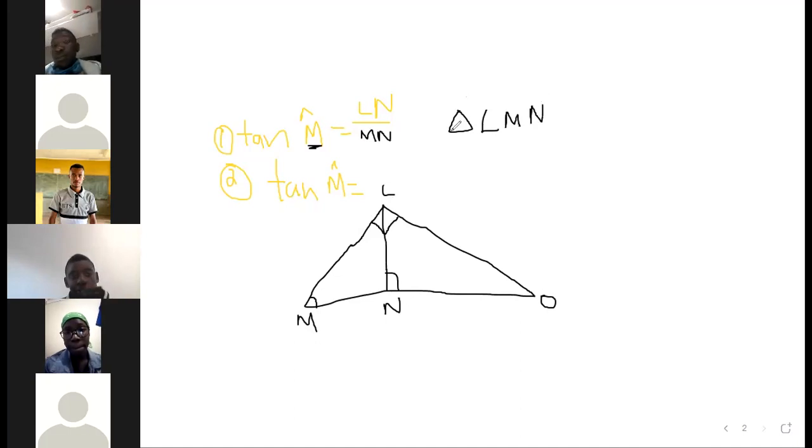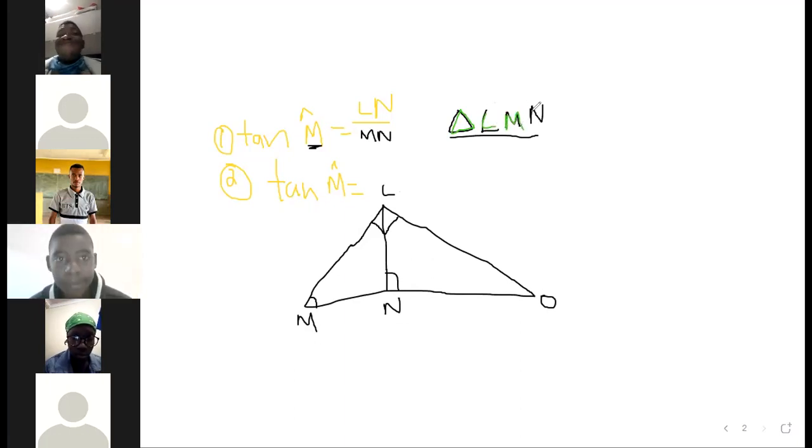Can we all see triangle LMN? It's this triangle right here. It's this one. Can we see it? So it's the opposite over the adjacent.